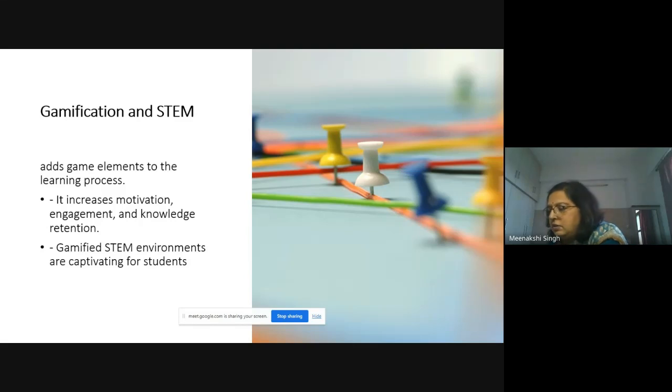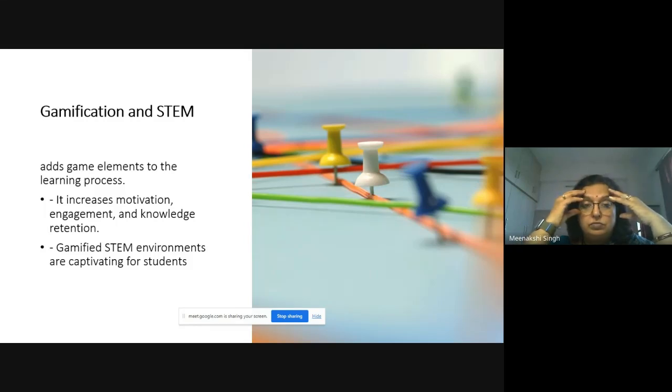I think I have got an example. There was some game which taught principles of economics. I can't recall the name, but then you've got science labs.